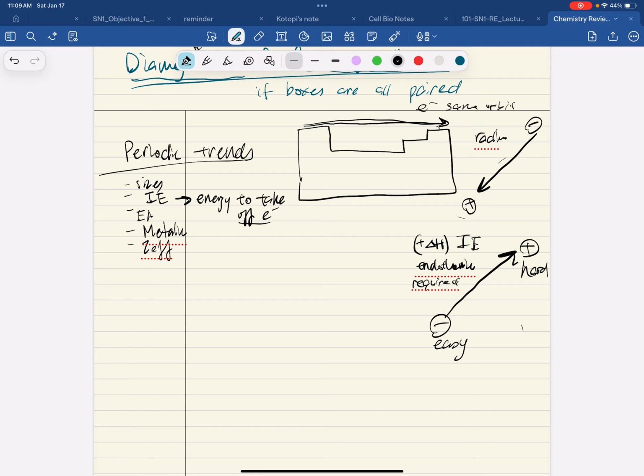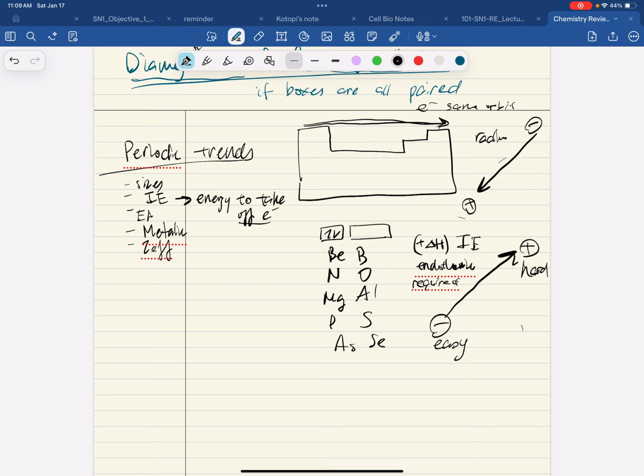There are a few exceptions for the columns: Be to B, N to O, Mg to Al, and P to S and As to Se. So if, let's say, Be and B, for example, we have 1s, 2s, and then a 2p, right?